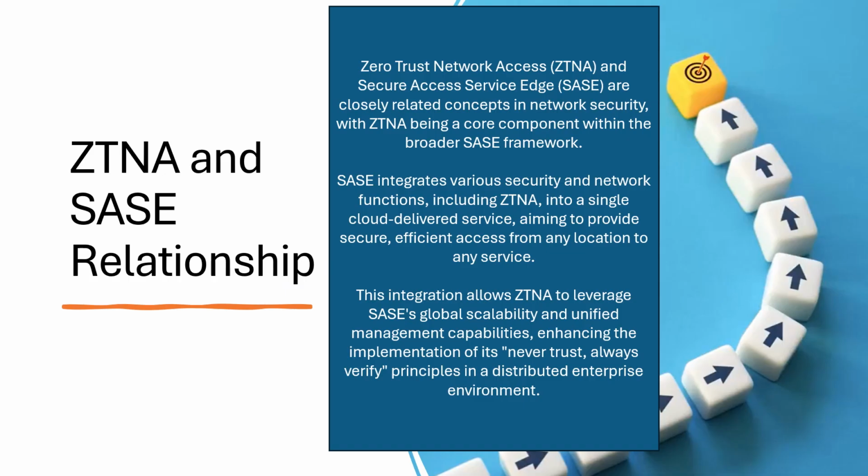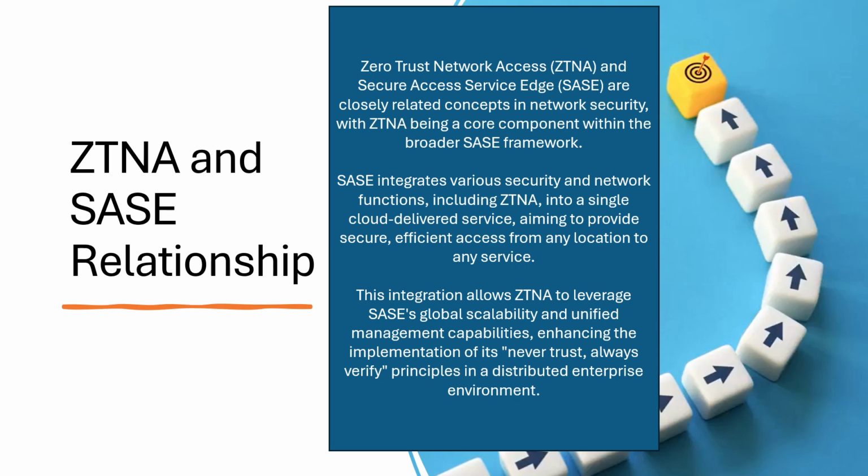So what is the relationship between ZTNA and SASE? The relationship between ZTNA and SASE is that ZTNA forms a core part of the SASE framework, while SASE provides the architecture and the delivery model, integrating network and security services via the cloud.